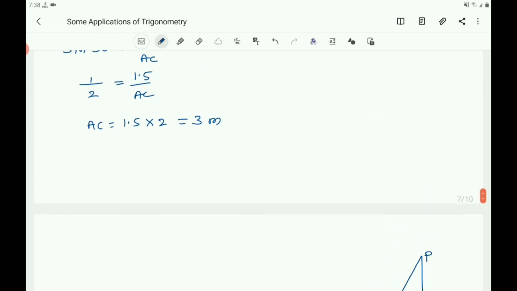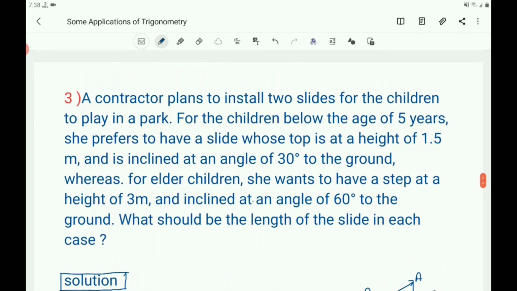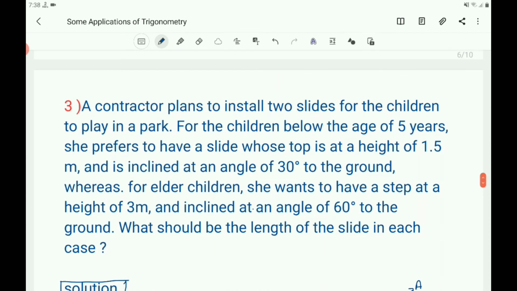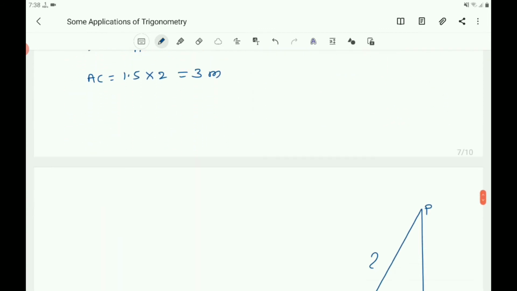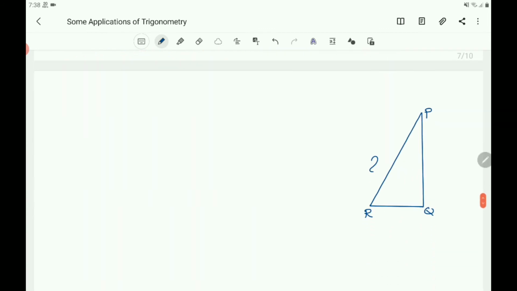See the question: for elder children, she wants to have a step at a height of 3 meter and inclined at an angle of 60 degree to the ground. Here PQ, that is the height, is 3 meter and the slide is inclined at an angle of 60 degree.